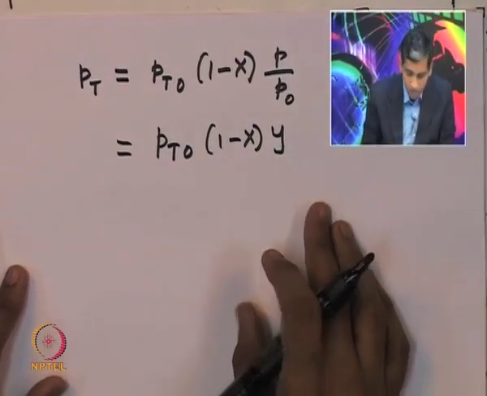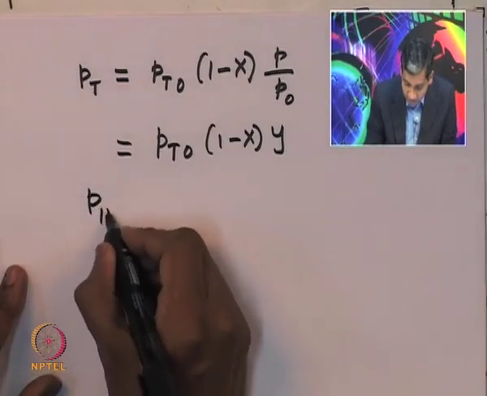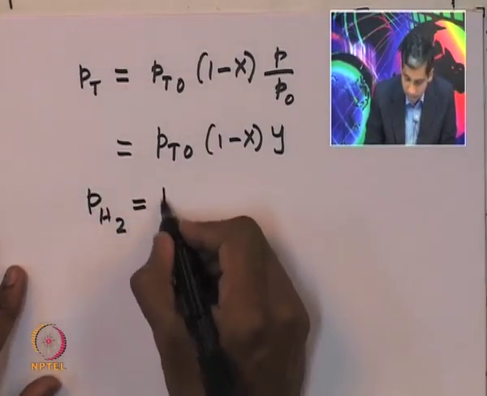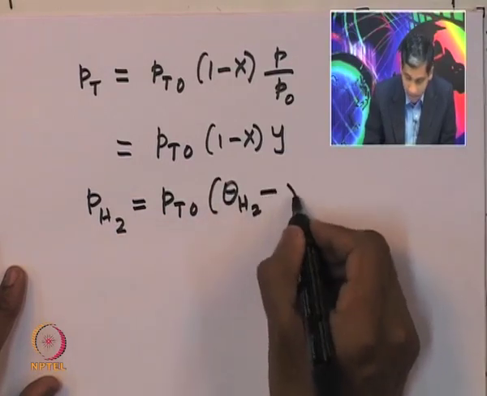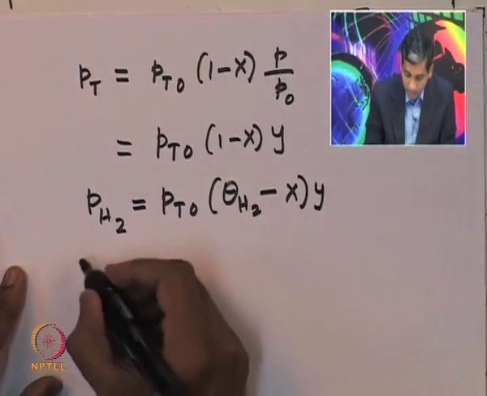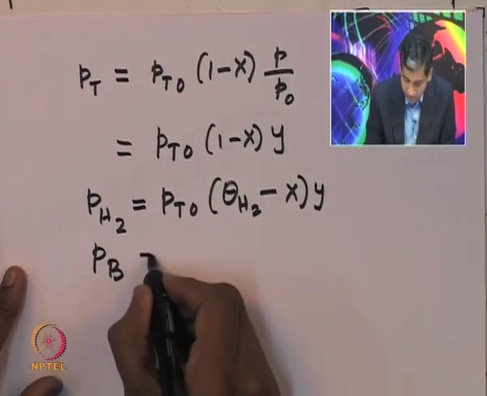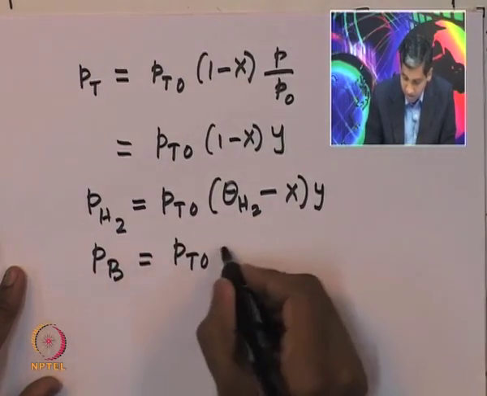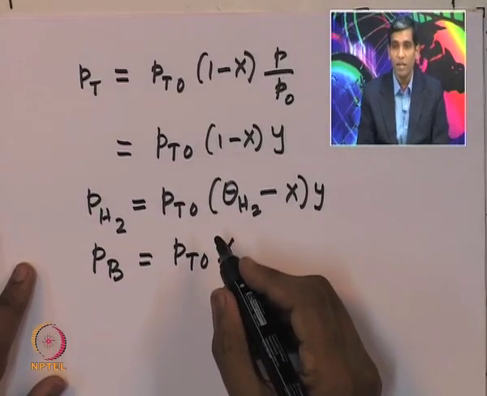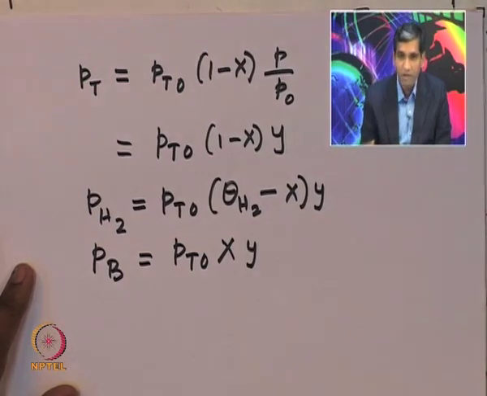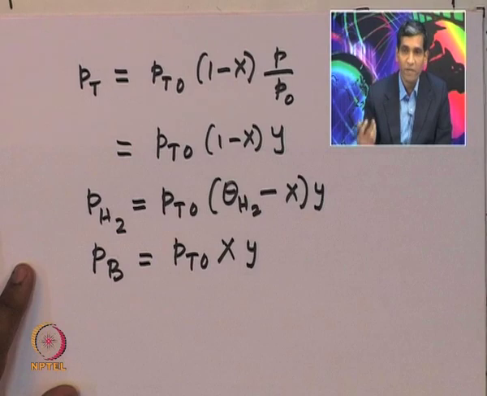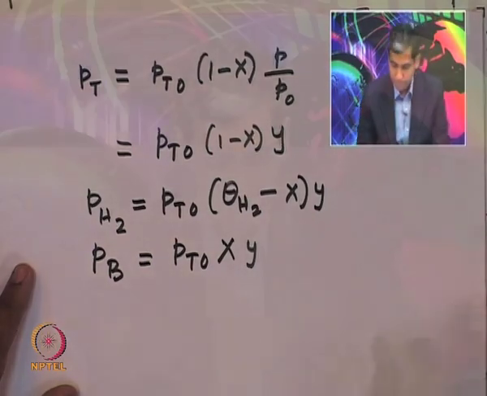Similarly, we can write the partial pressure of hydrogen as P_T0 multiplied by (theta_H2 minus x) times y, and the partial pressure of benzene as P_T0 times x times y, where theta_H2 is the concentration ratio of the amount of hydrogen present in the feed with respect to the amount of toluene present in the feed.